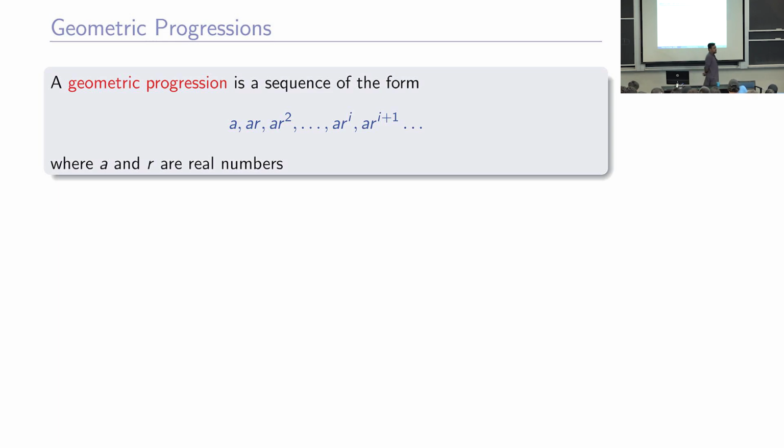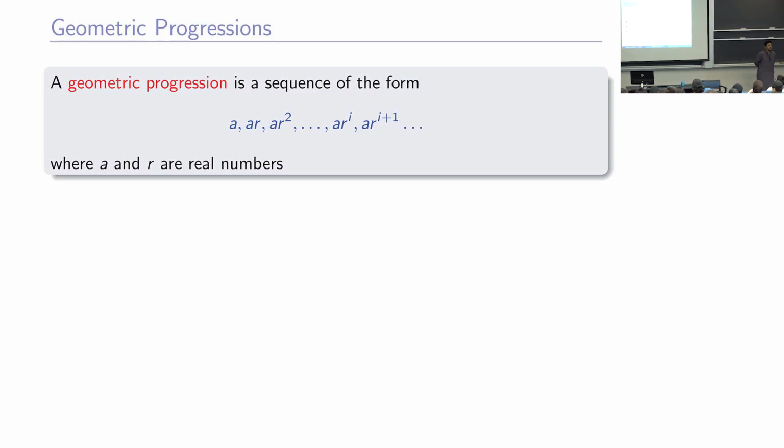The next term is obtained by multiplying the previous term by r, or the ith term is obtained by multiplying r to the power i with the number a, right. So the ratio between the next term and the previous term is going to be, okay.